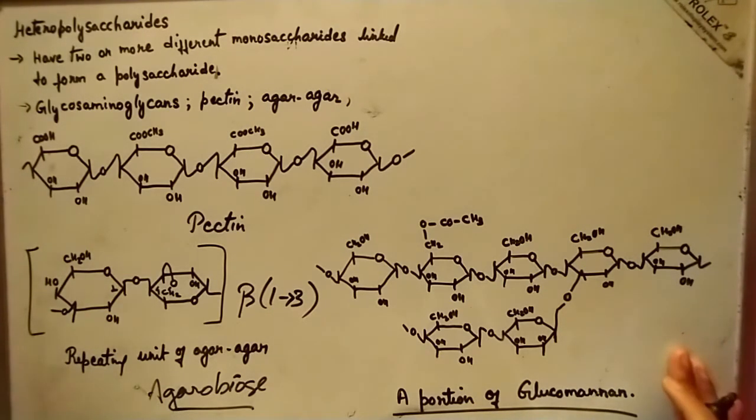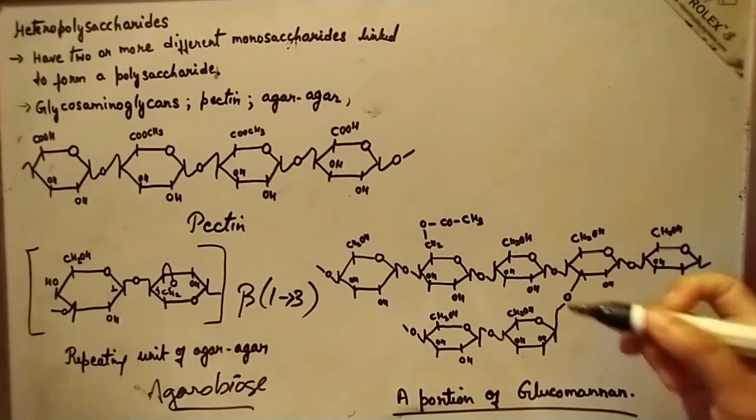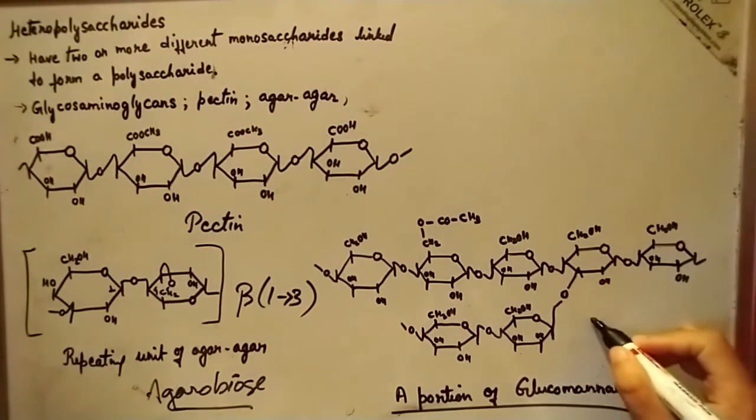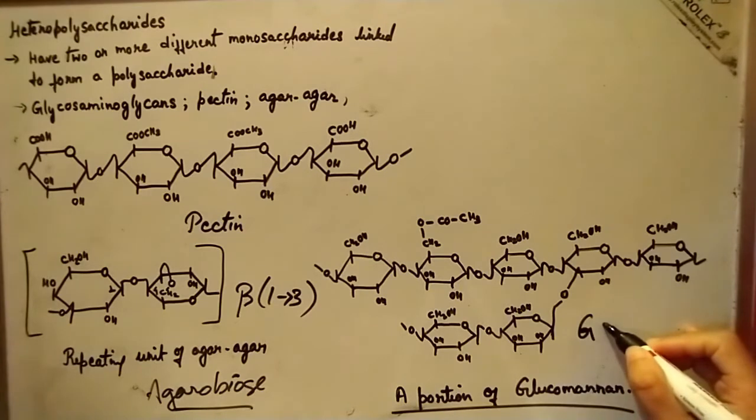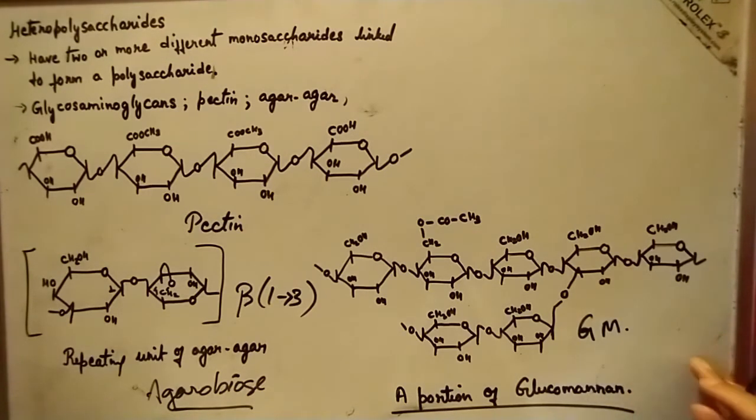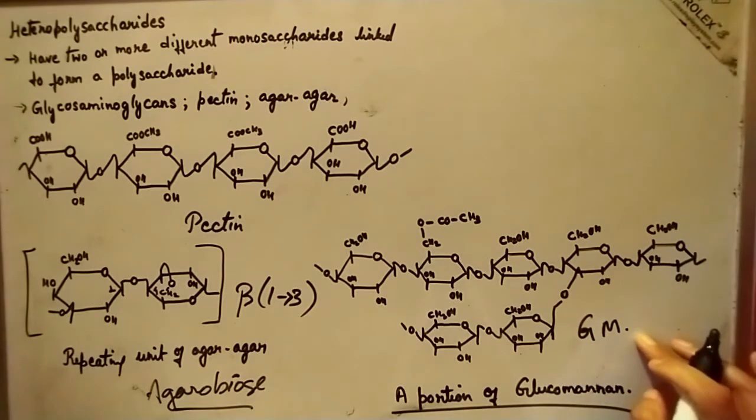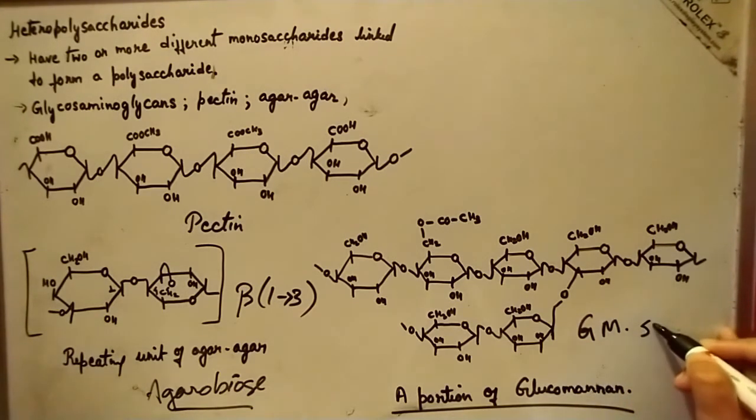This polysaccharide, this sugar, is made up of glucose and mannose units. Okay, it is made up of these two monosaccharides, which may be in the ratio of 5:8.